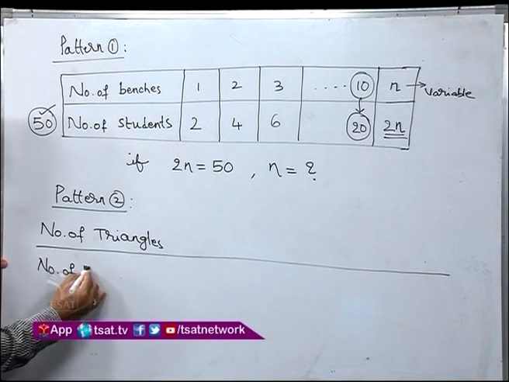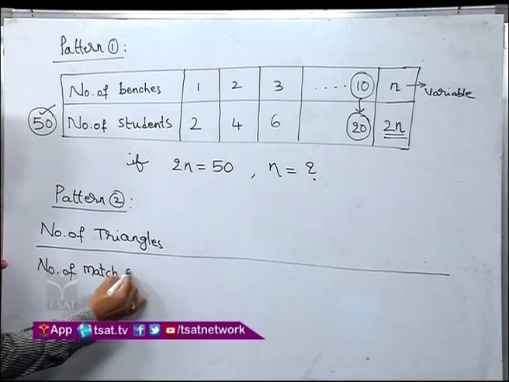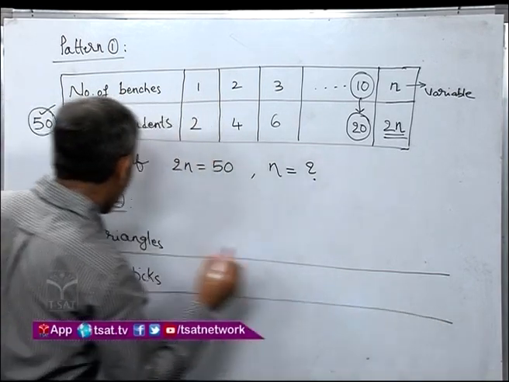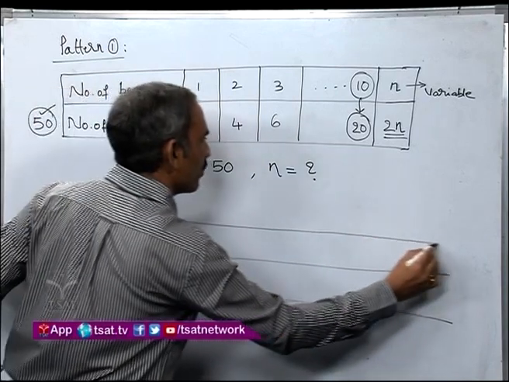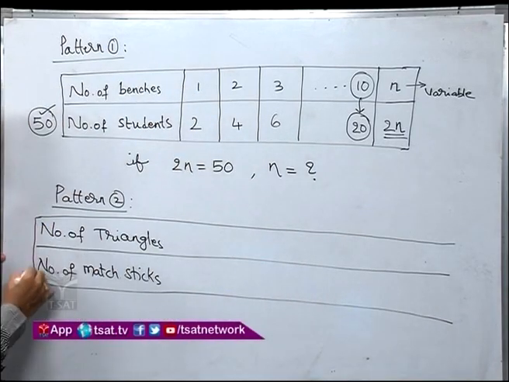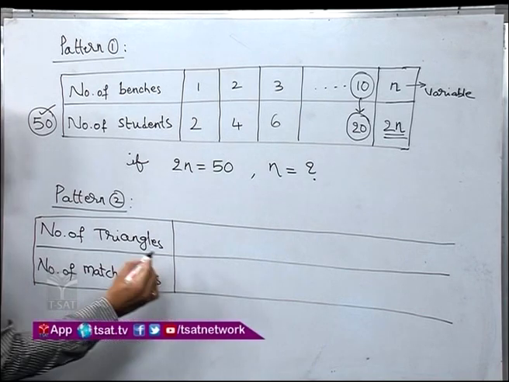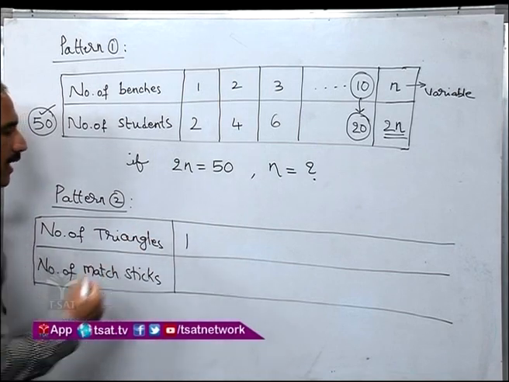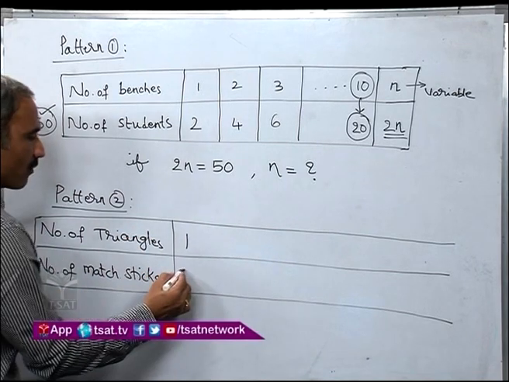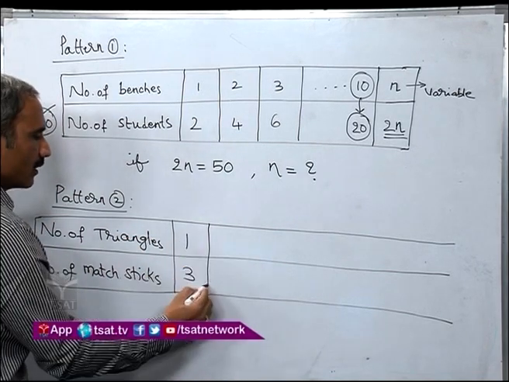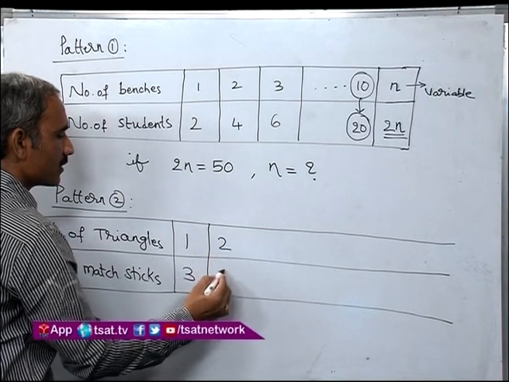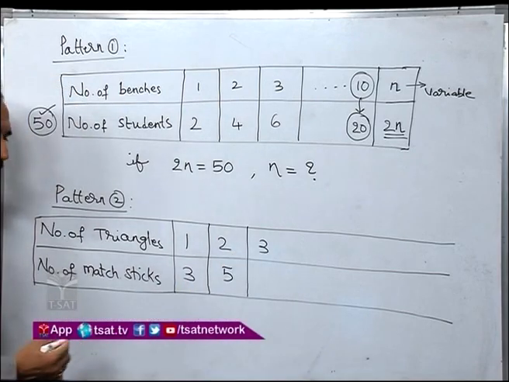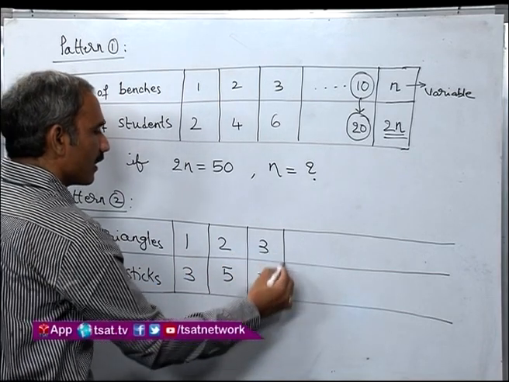Number of matchsticks. Now let us prepare the table, or if you observe the slide, there we also have the table. Already we have done this activity. If I want to prepare one triangle, how many matchsticks are required? 3. If I want to make 2 triangles, I need 5 matchsticks. If I want to make 3 triangles, I need 7, like this.